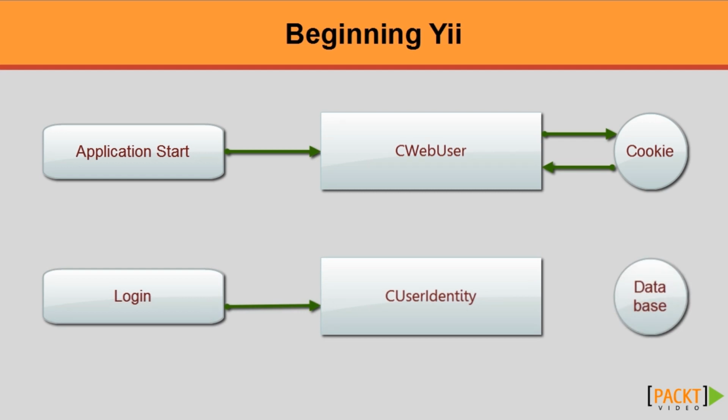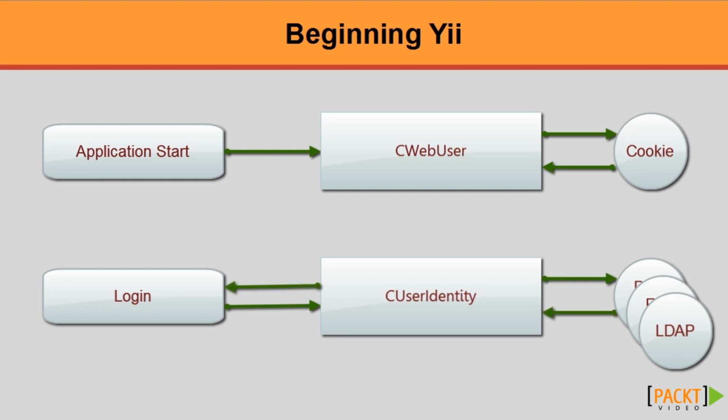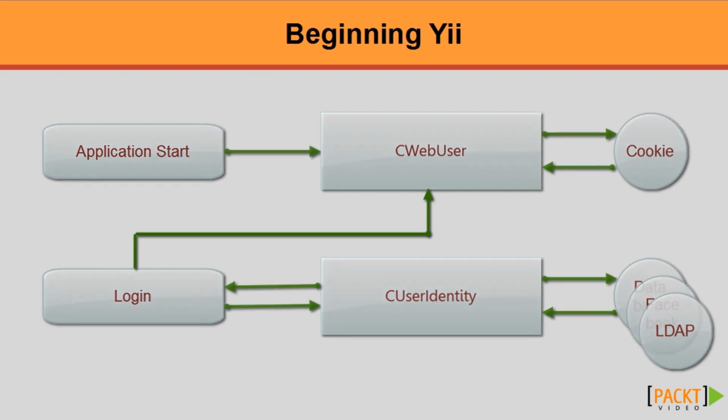How this validation occurs will depend on your application, perhaps against a database, or login with Facebook, or against an LDAP server, etc. And the login model then passes the user identity object to the CWebUser object, which then stores this information. By default, the CWebUser class stores its information in session data.